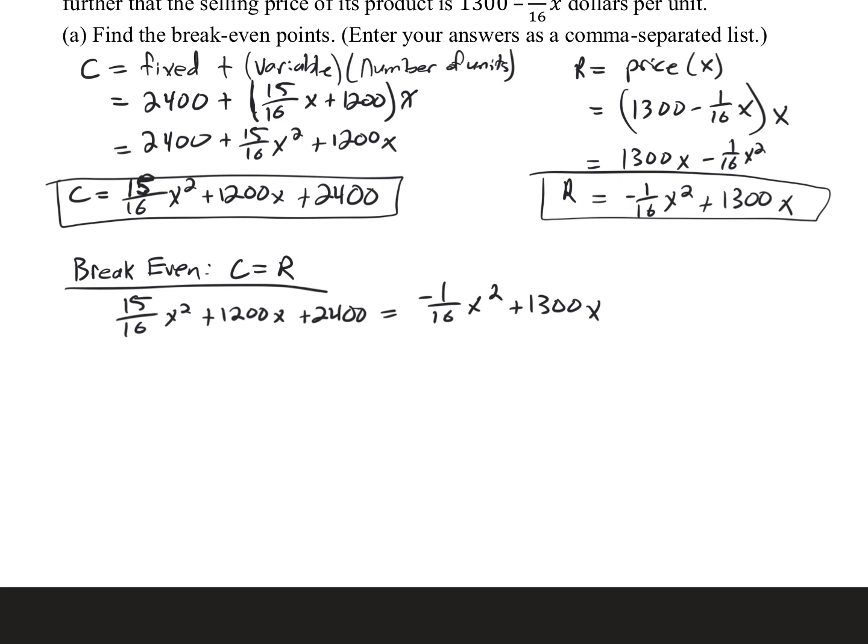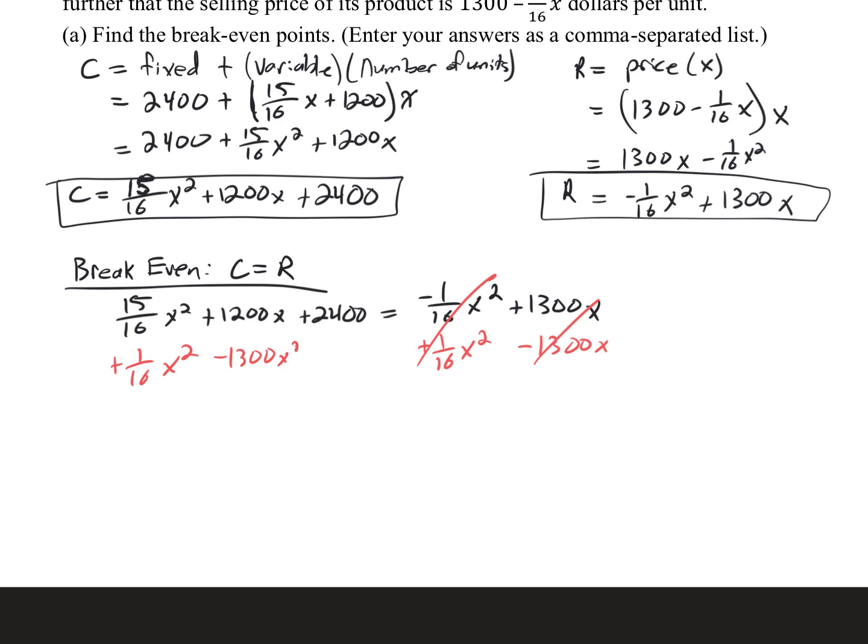All right, it's an equation we want to solve. We want to get 0 on one side of the equation, everything else on the other. I'm going to choose to move these pieces to the left side of the equation. I'm going to add the opposite of this term. I will subtract 1,300x from both sides of my equation.